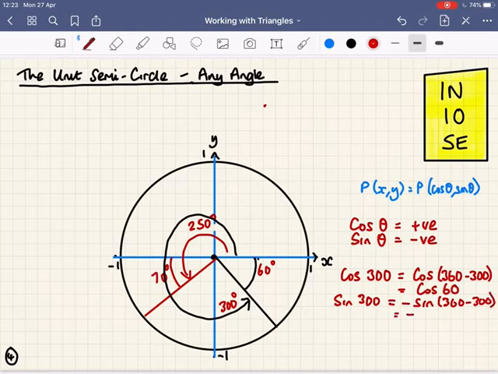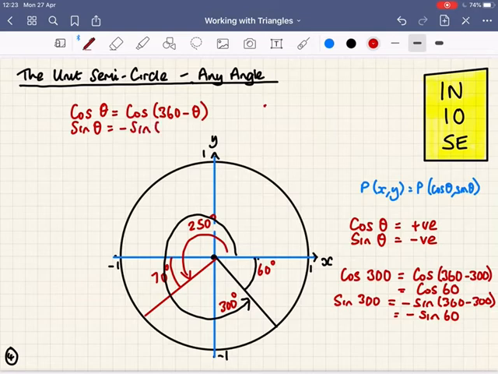So minus sine 60. So in general, where an angle sits between 270 and 360, we can say that cosine theta is equal to the cosine of 360 minus theta. And sine theta is minus the sine of 360 minus theta.